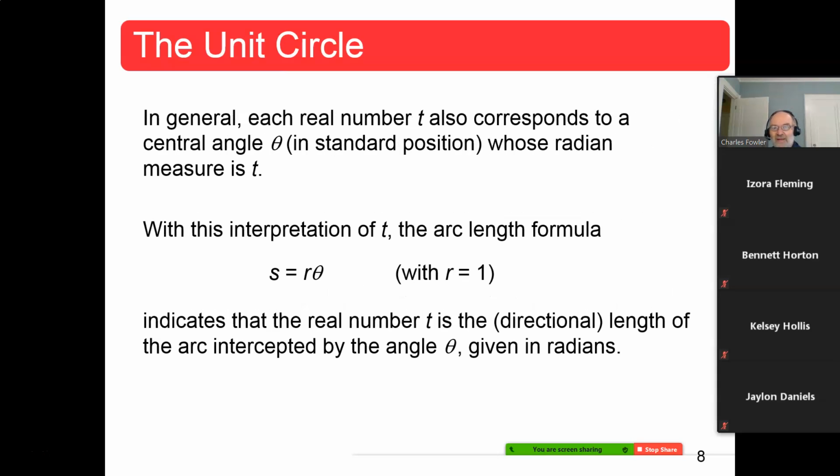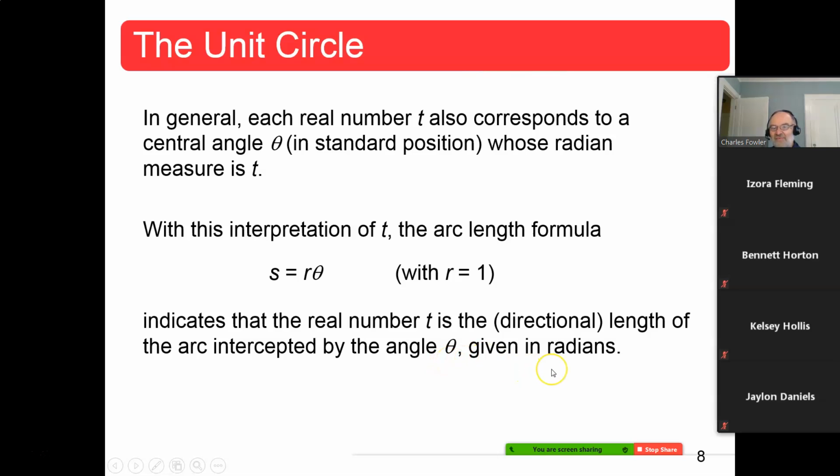Okay? So, with that interpretation of t, the arc length formula, s equals r theta, when r is always 1, indicates that the arc length, that's a length measure, is the same measure as the angle in radians. Okay, and we already talked about this. It's the directional length of the arc intercepted by the angle theta.